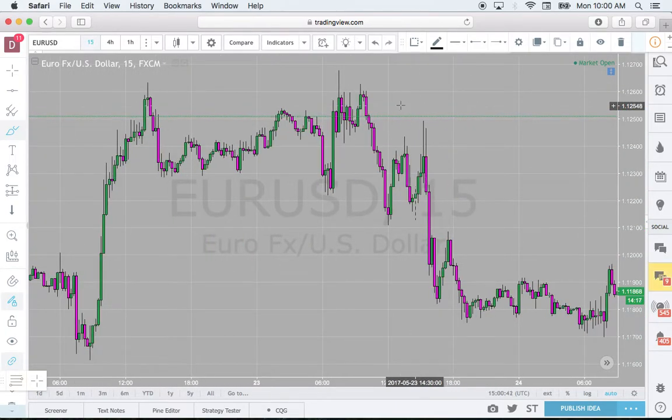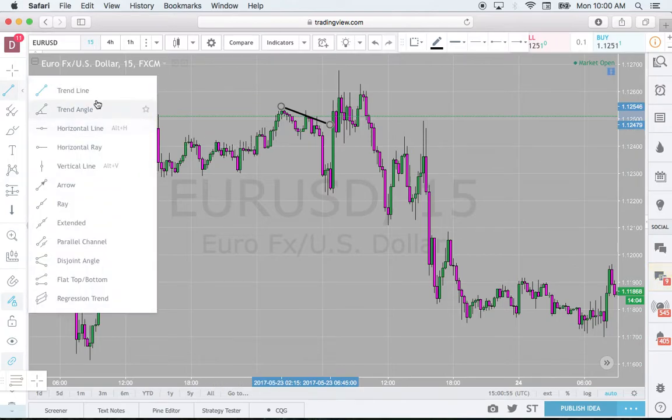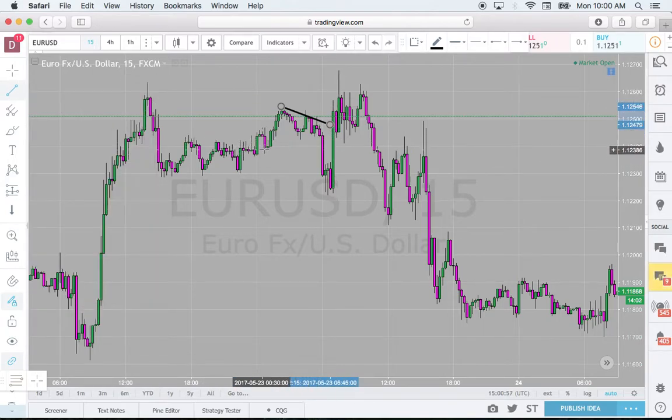Here's a good example, somewhat. Not a perfect example, but it'll do. You may not even see it right now, but this to me looks somewhat like a wedge. It could totally not be, but it'll do. It has its breakout.